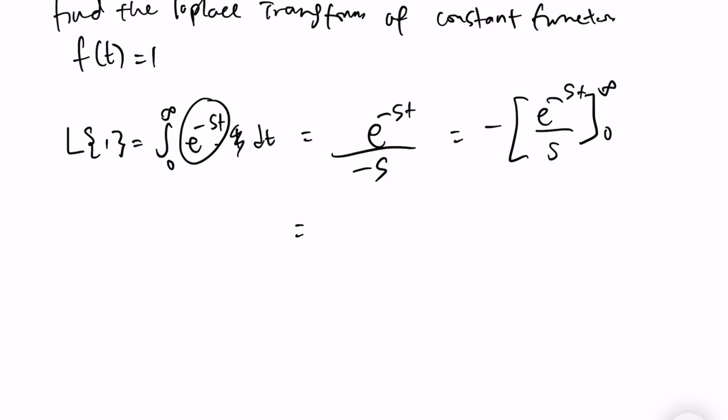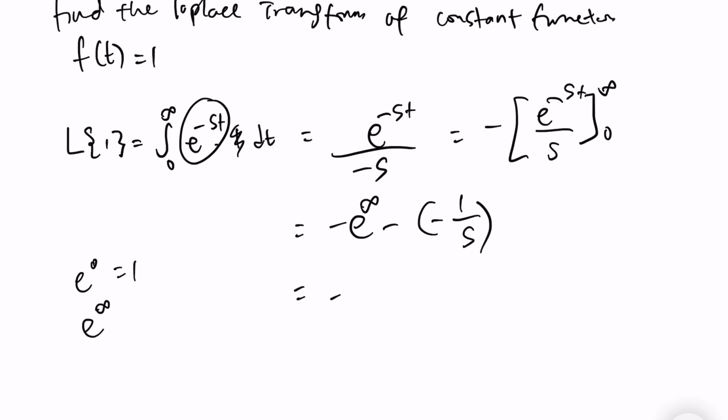When we substitute t, we have negative e to the power of negative s times infinity, and then minus e to the power of 0, which is 1. e to the power of infinity here is 0, so 0 plus 1 over s, we get 1 over s.